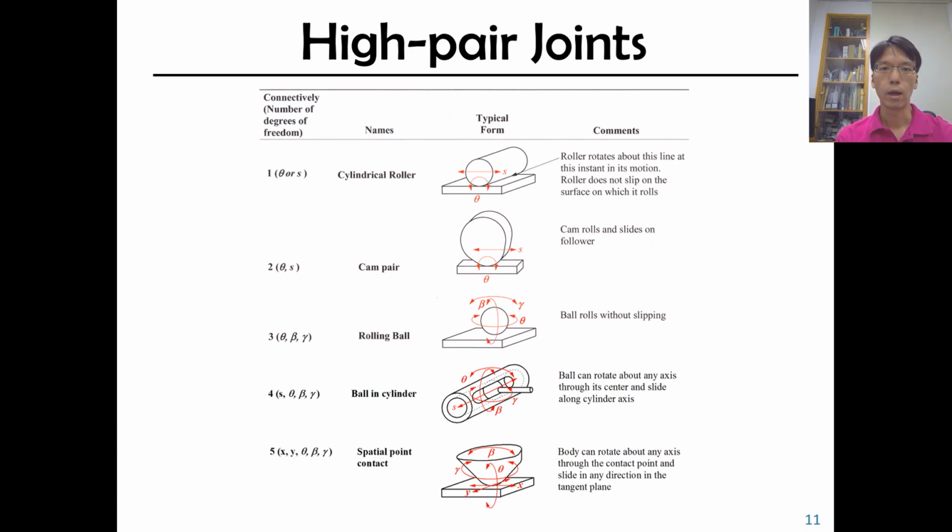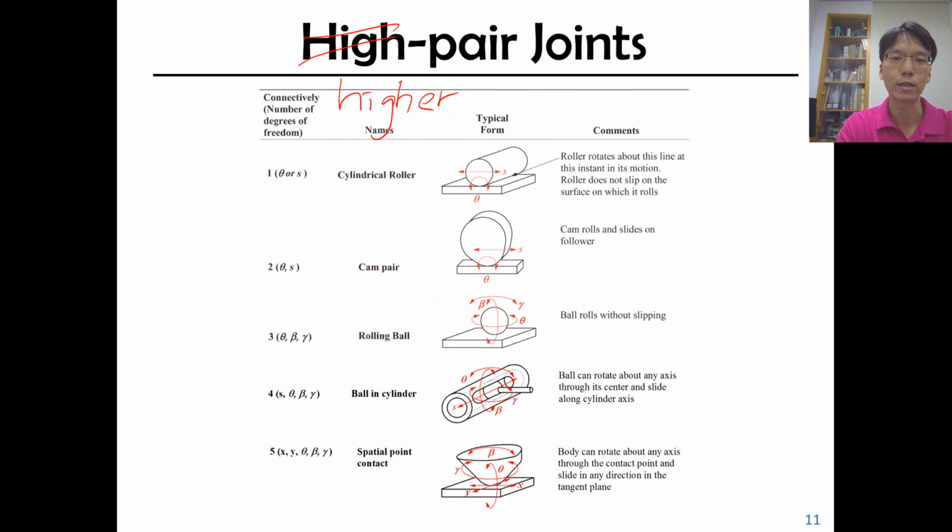Now the higher pair joints. There are also many types of higher pair joints. Let's start with the first one, the cylindrical roller. It looks like it has 2 degrees of freedom, but it doesn't. A roller means the friction is very strong here, so there's no slipping.